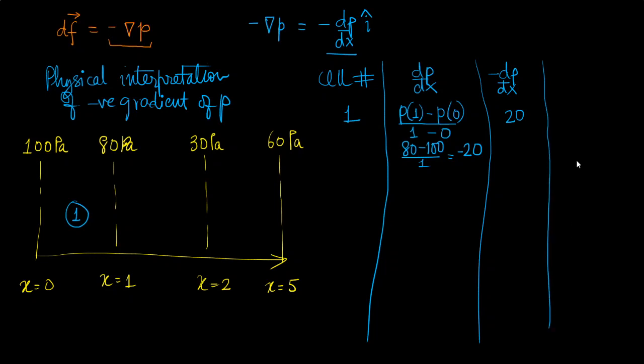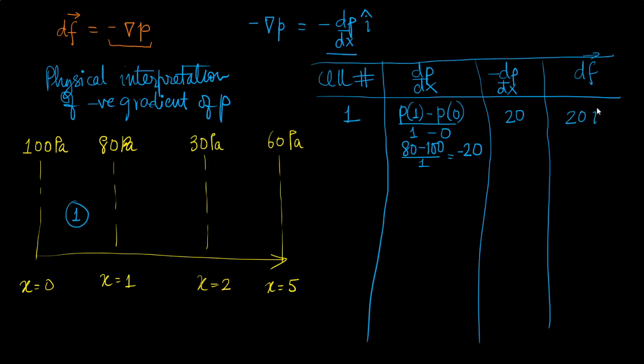And so the body force is 20I. So the force in this particular cell is acting in this direction and the magnitude is 20. What about cell number 2?